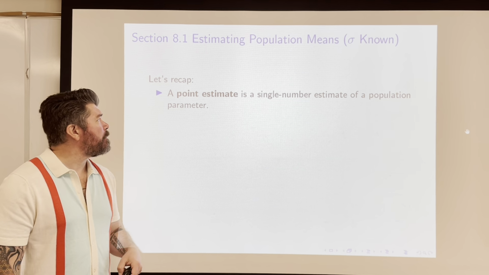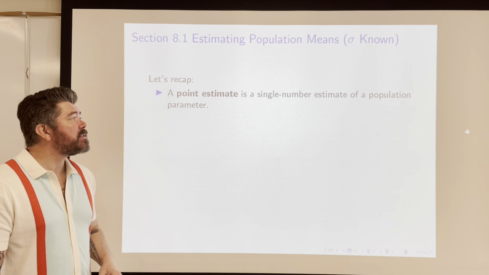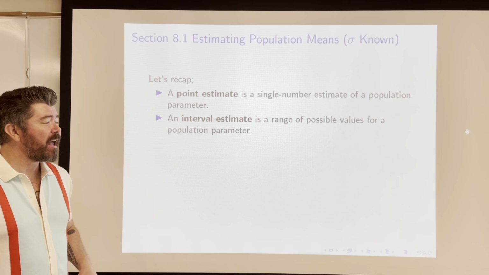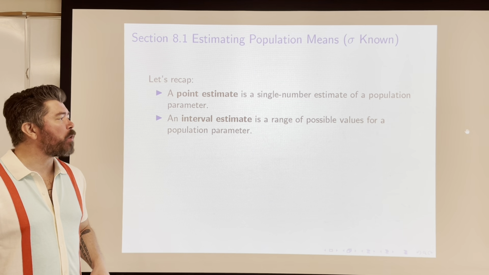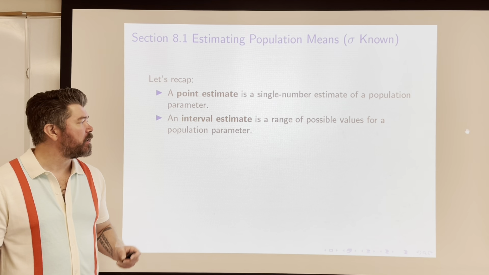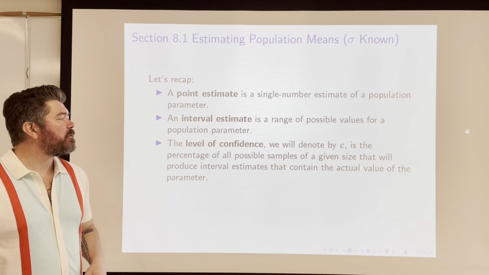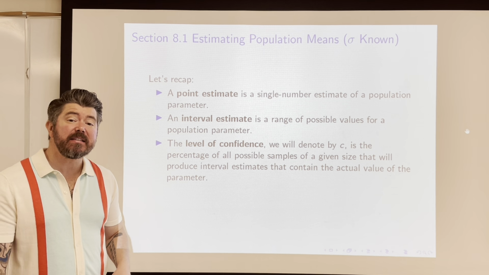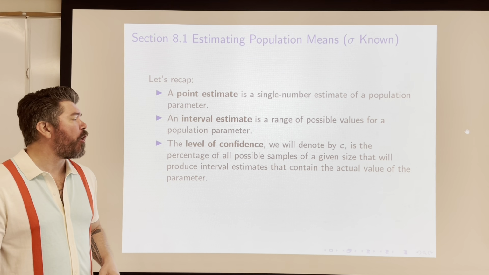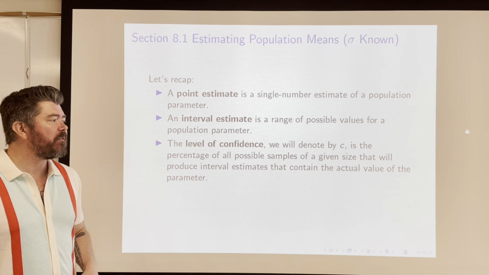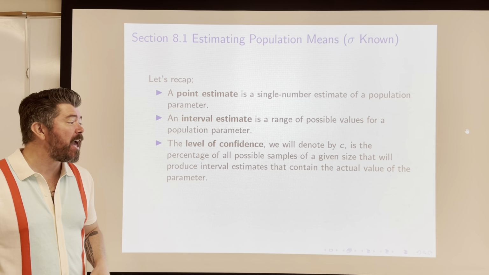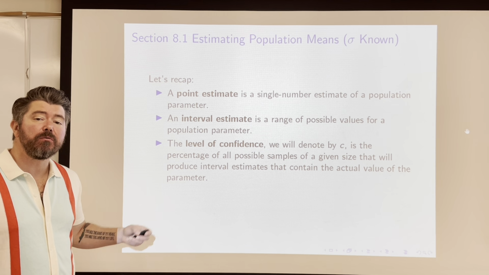So let's recap. A point estimate is a single number estimate of a population parameter. An interval estimate is a range of possible values for a population parameter. The level of confidence, which we will denote by C, C for confidence, is the percentage of all possible samples of a given size that will produce interval estimates that contain the actual value of the parameter.